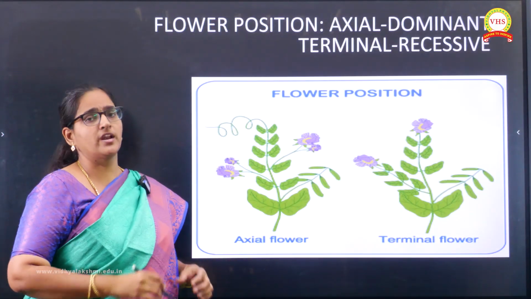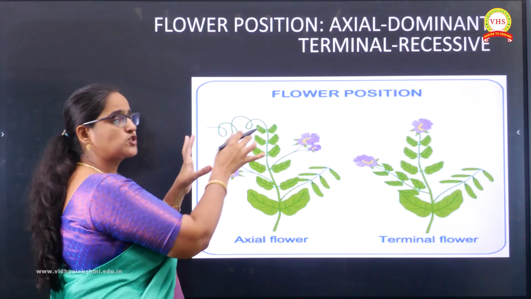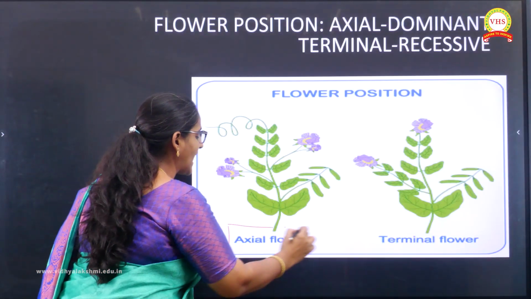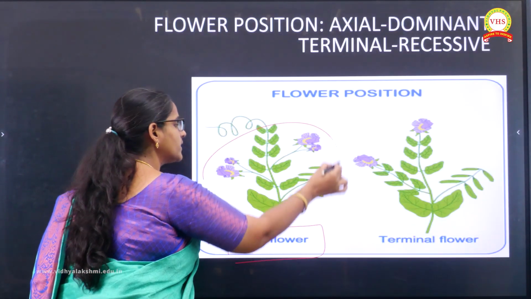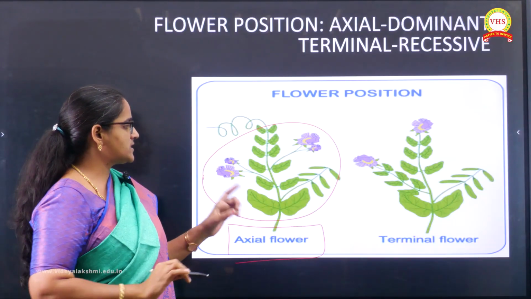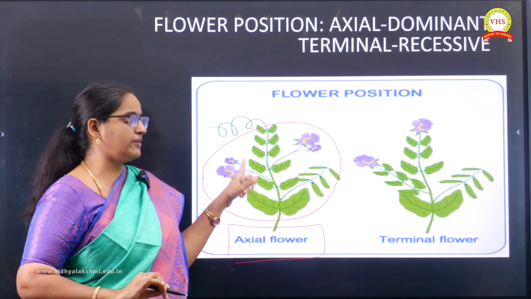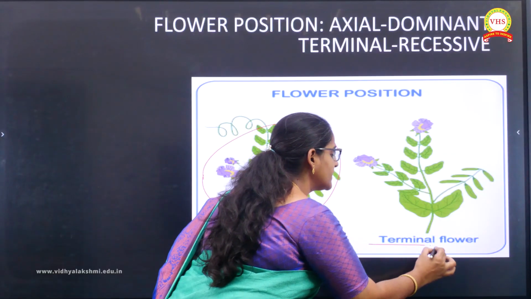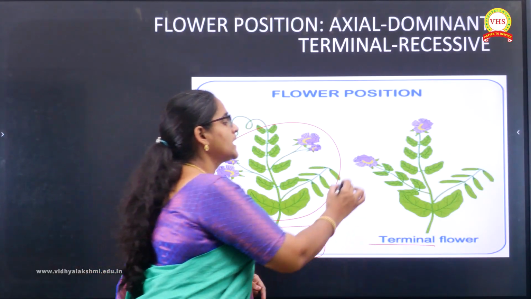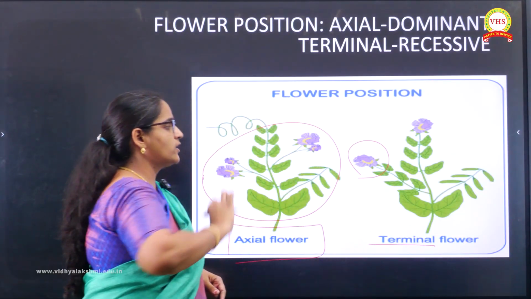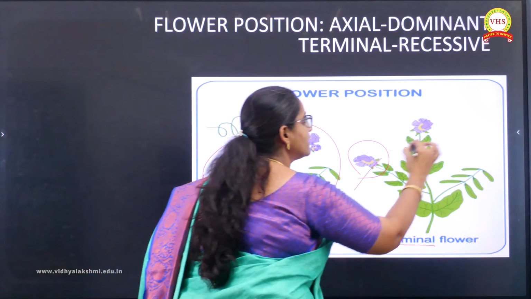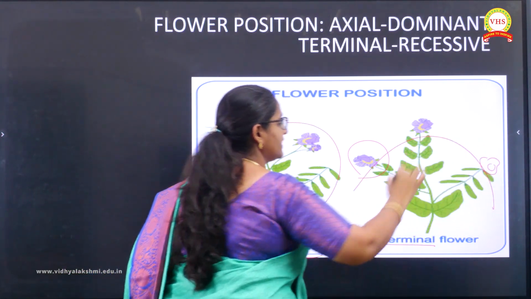Then flower position, where the flowers are attached on the branches. Here we have axial. Axial means all over the branches you can see the location of the flowers. The opposite one is terminal, the recessive character. Terminal means towards the end of the branch, only at the end region you can see the flowers.